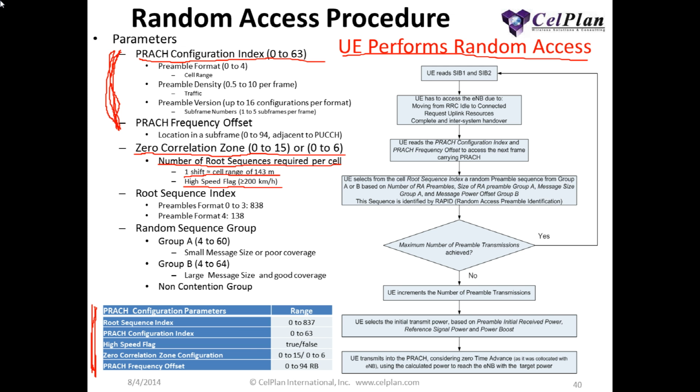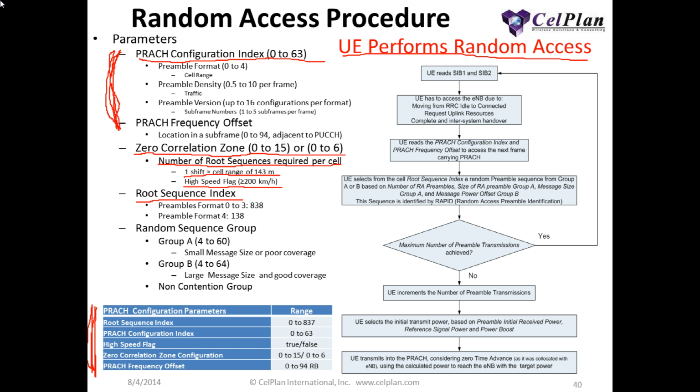Well, another parameter that needs to be chosen is the root sequence index. So which of the 838 sequences will be used for the access to this cell. So all of this the UE gathers from SIB2.